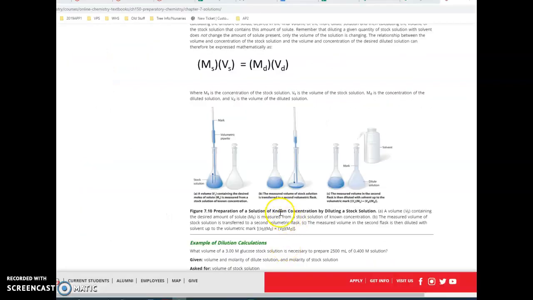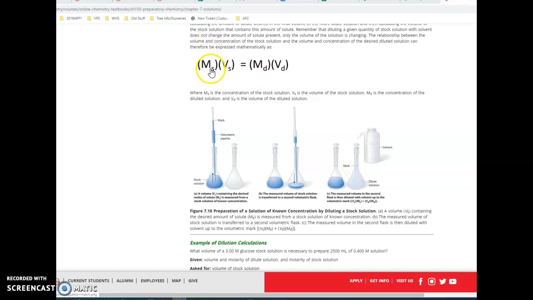All right, a good question to ask here might be, hey, how does that work? So the way that you make a dilution is you may have a solution of known concentration. So you draw out an exact amount of this. Doesn't show here, but maybe 25 milliliters of it. Put that into an empty flask. Then you add water to it until you get to a predetermined final volume.